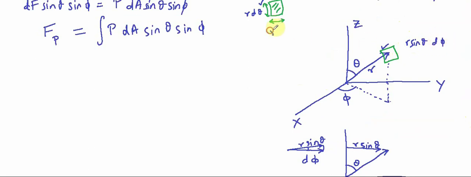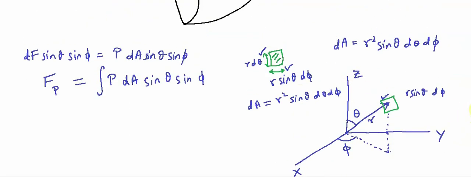Now we have got both the lengths and we multiply, which will give us the area of the patch, and if we multiply we get r square sin theta d theta d phi. Which is this.